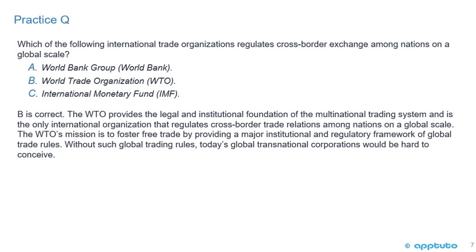The World Trade Organization provides the legal and institutional foundation of the multinational trading system and is the only international organization that regulates cross-border trade relations among nations on a global scale. The WTO's mission is to foster free trade by providing a major institutional and regulatory framework of global trade rules. Without such global trading rules, today's global transnational corporations would be hard to conceive.